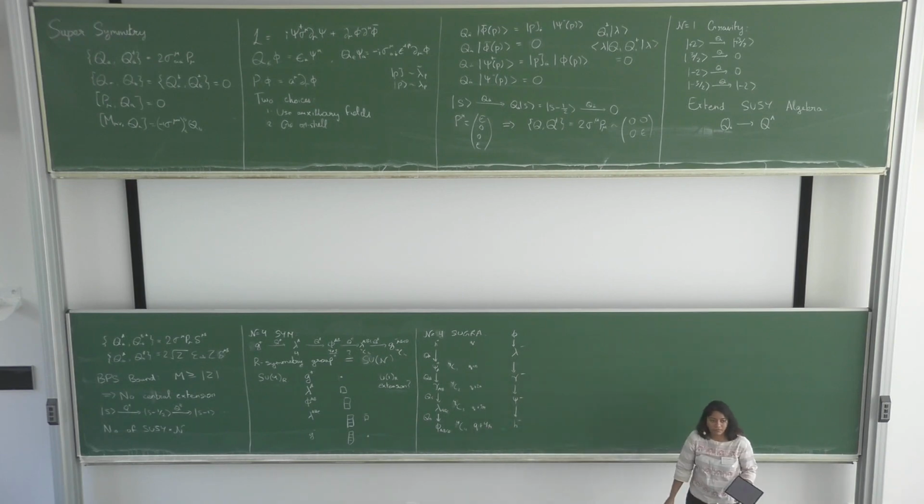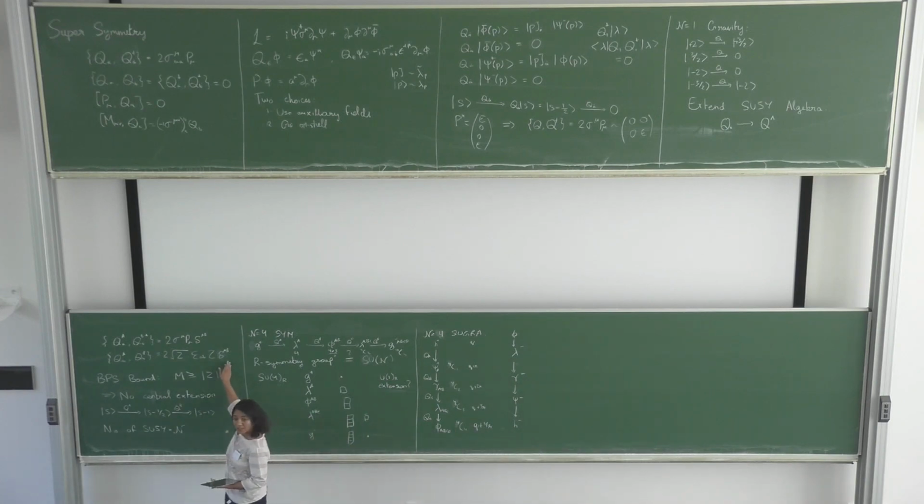Yeah. You mentioned this BPS bound. Where does it come from? It's actually just a self-consistency condition on the algebra. So what I did over there with choosing that particular frame for P, instead of doing that, you choose a massive frame where you have M000.